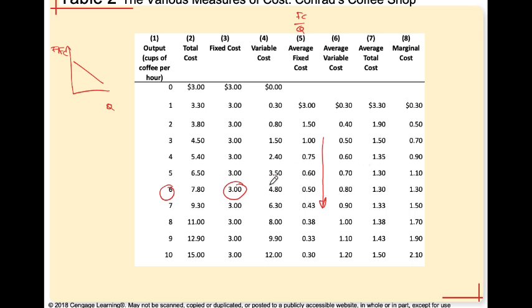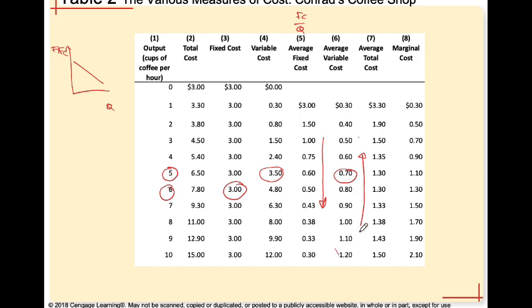Similarly with variable costs, you divide the total variable cost by how much is being produced. So if you divide 3.30 by 5, you end up with 0.70. Notice that average variable cost is increasing as quantities go up.